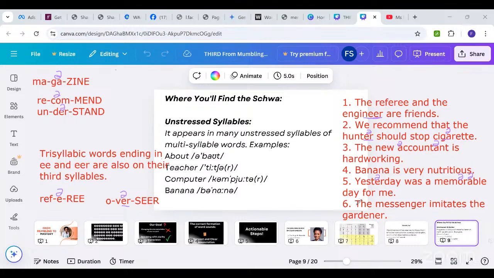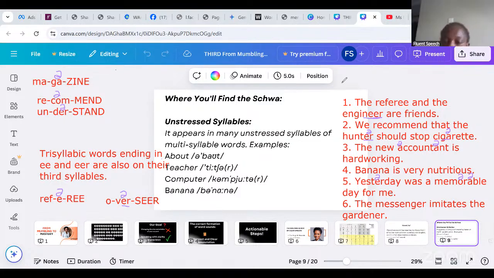Number 6, Madam Madesola. The messenger imitates the gardener. Imitates. Okay. The messenger imitates the gardener.